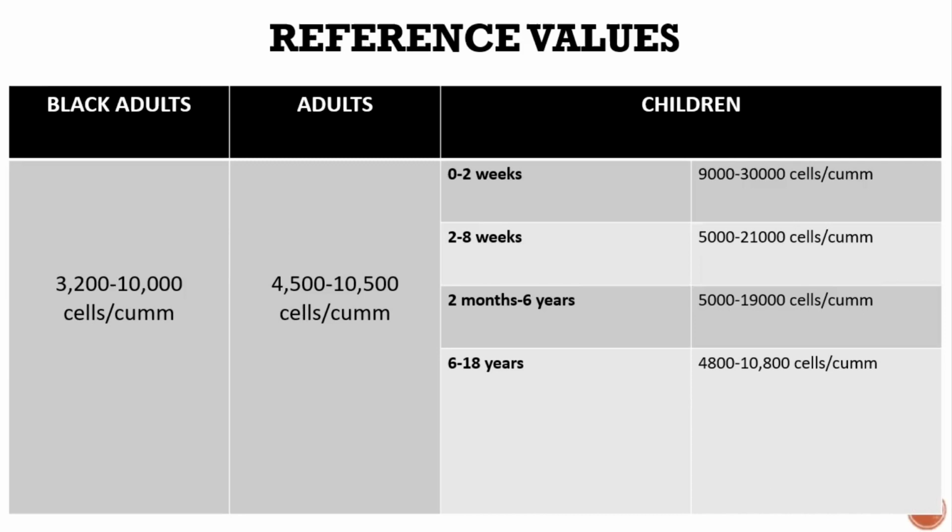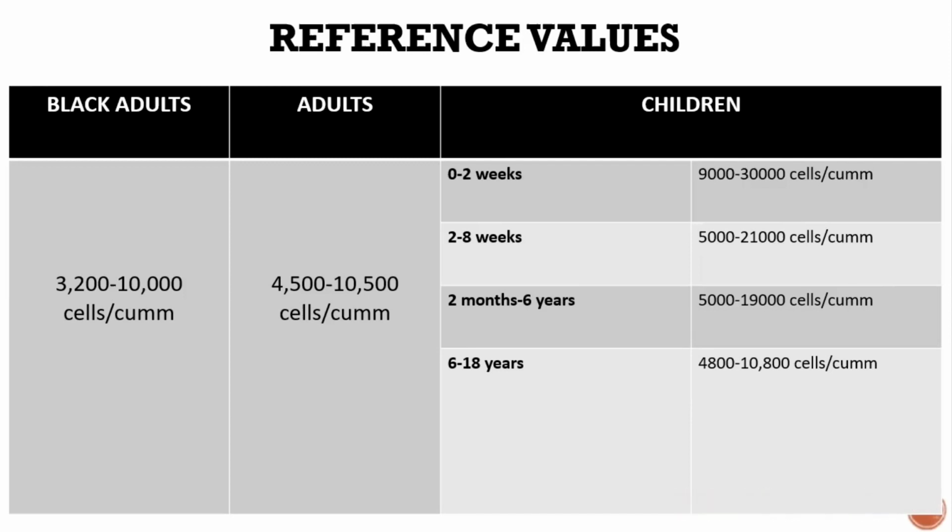If it is a black adult, especially the Negro population or black adults, in that condition, it is 3,200 to 10,000 cells per cubic millimeter, or we can say millimeter cube also. If you are converting this, in some hospitals the value will be measured in 10 raised to 9 per liter.